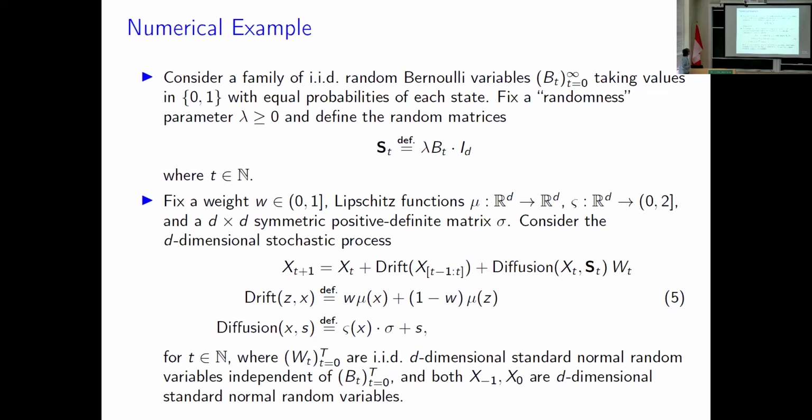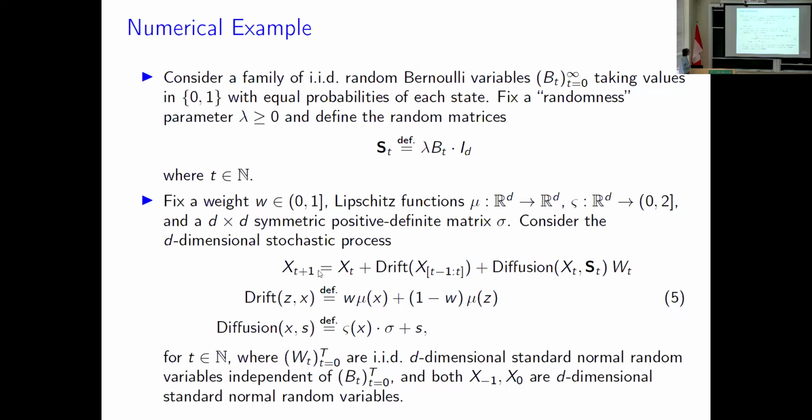So basically we take into account these i.i.d. Bernoulli variables that take values in {0, 1} with equal probability, and we define these random factors, the stochastic factor. We fix this randomness parameter lambda and define this random matrix.